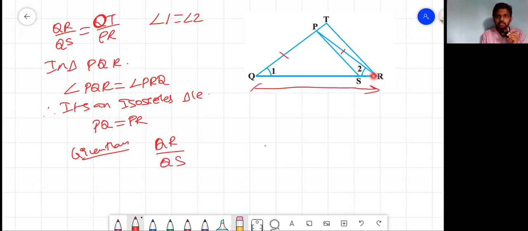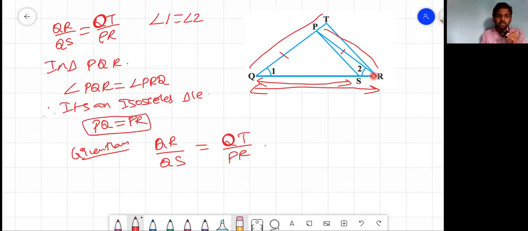QR is here and QS is here, is equal to QT divided by PR. So QT is here, PR is here. Sorry, PR is not here, PR is actually here. But we have that PR is equal to PQ, right?